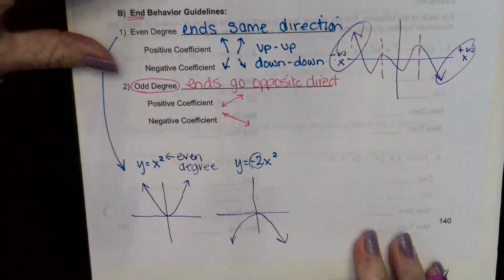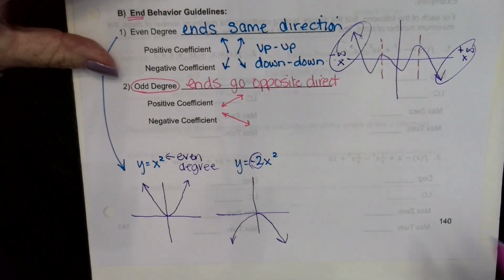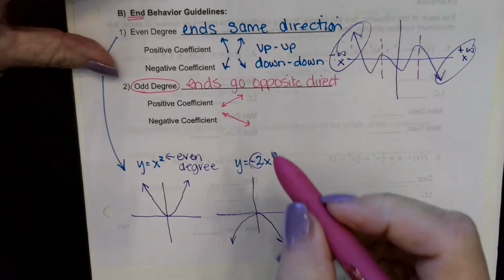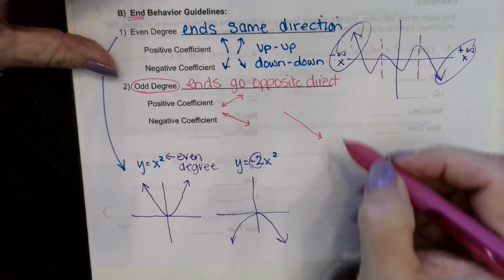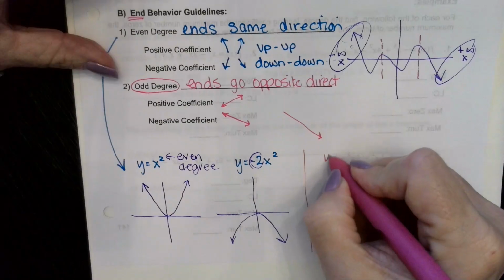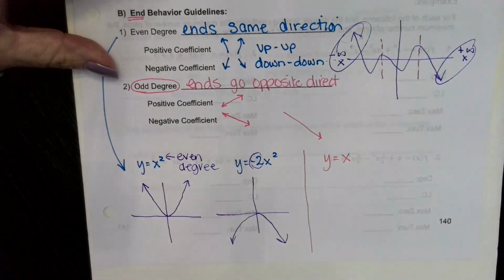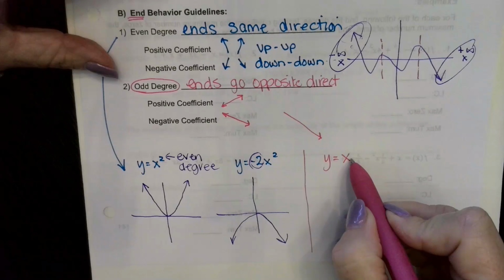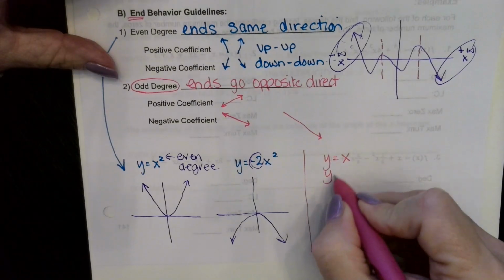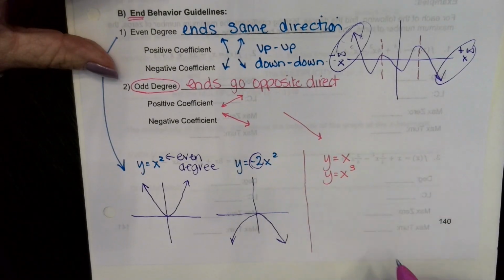What I'm going to do, again, is tie this back to the easiest function that we know. So if I have y equals x, it is odd, because it's technically x to the 1. You could also think about this in terms of y equals x cubed.